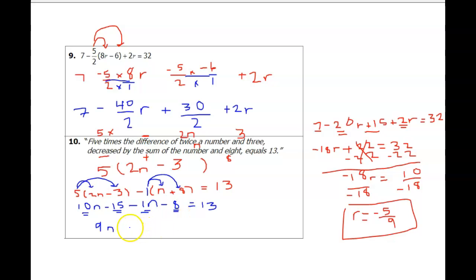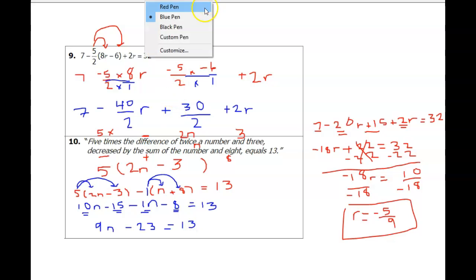Negative 15 minus 8 is negative 23. All right, this is equal to 13. I do my last step, which is solve for the variable n.